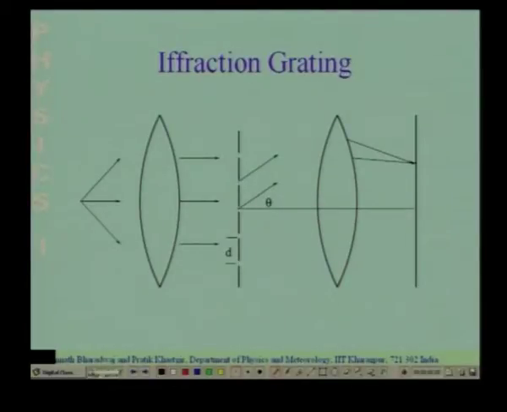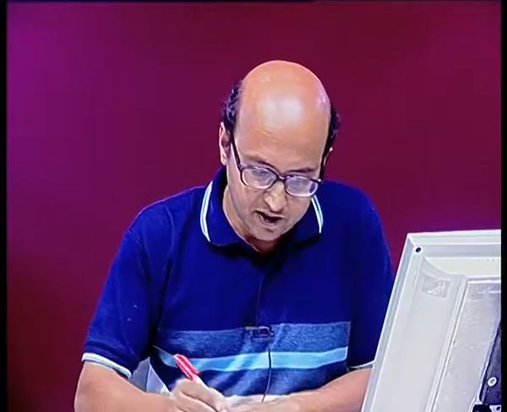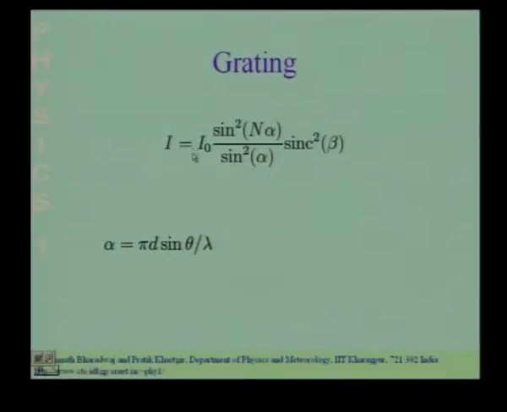The intensity pattern that the diffraction grating is going to produce is given over here. It is I equal to I naught, sinc square beta, into sin square n alpha divided by sin square alpha.